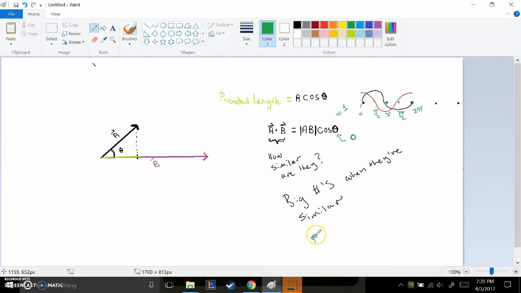So small numbers mean they're dissimilar vectors.